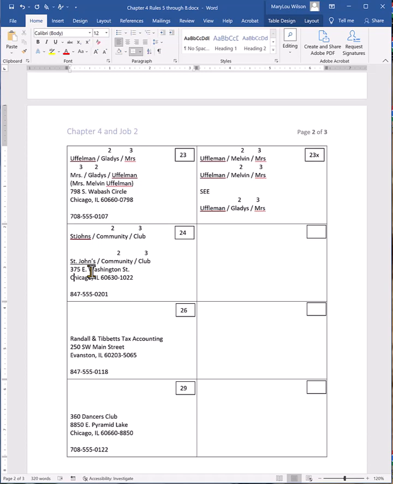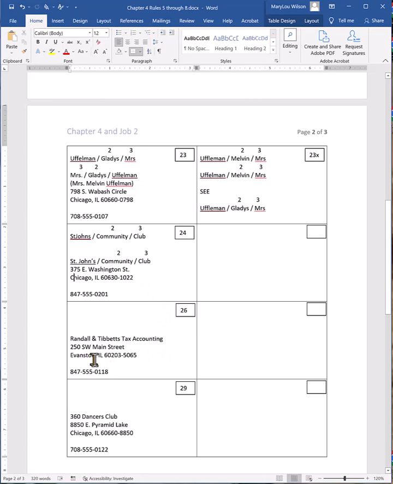And the only articles and or particles you'll find in any of our jobs are those listed on page 3 in your student instruction manual. So just a note, gives you a little bit of a hint on what you're looking for. But this is correctly coded St. John's Community Club, which is an organization.